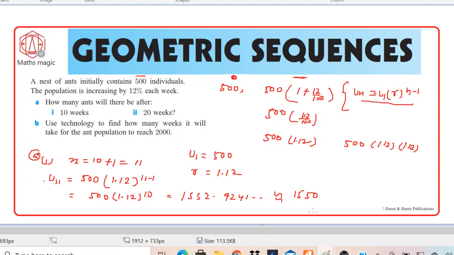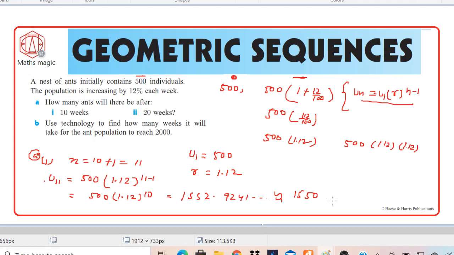Initially you had 500 of the population. Next week it will increase by 12%, so we'll get a certain population, and again next week the population which was there at the end of the first week will increase by 12%.